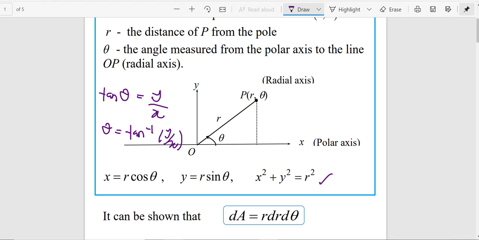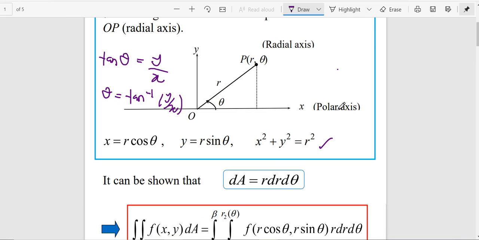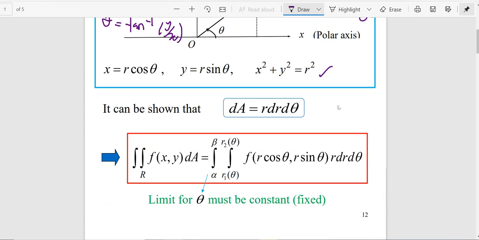I believe you still remember the basic idea of polar coordinates. In Cartesian, we learned that we have two orders: dA can be either dy dx or dx dy. However, in polar coordinates, dA focuses on only one type: r dr d theta.